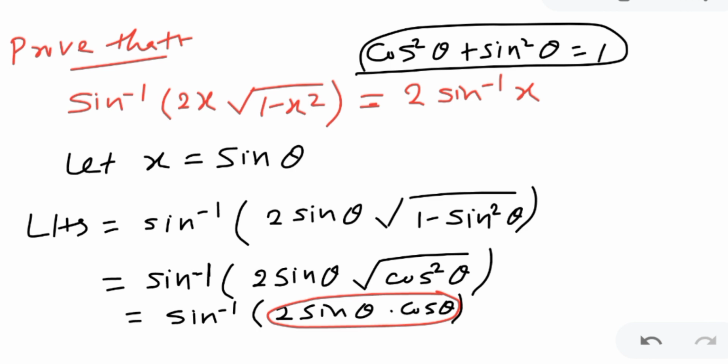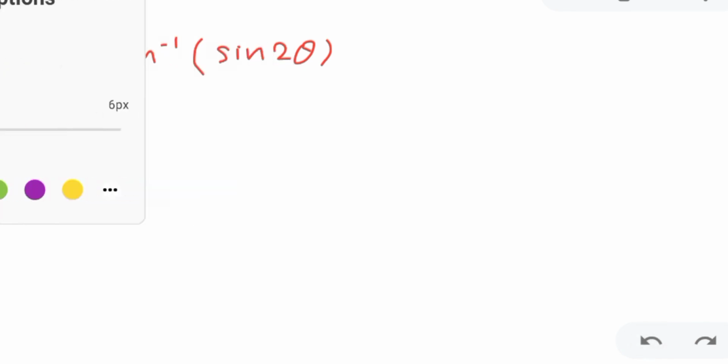So in place of this 2 sine theta into cos theta I will write sine 2 theta. So it will become sine inverse sine 2 theta, correct? And using the same method, sine inverse sine will go, only 2 theta will remain. So it will become 2 theta.